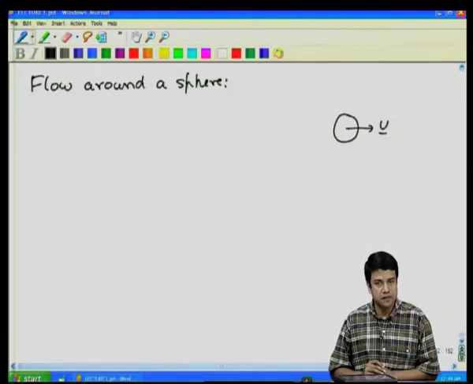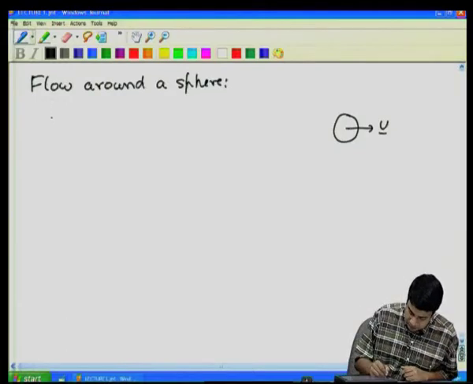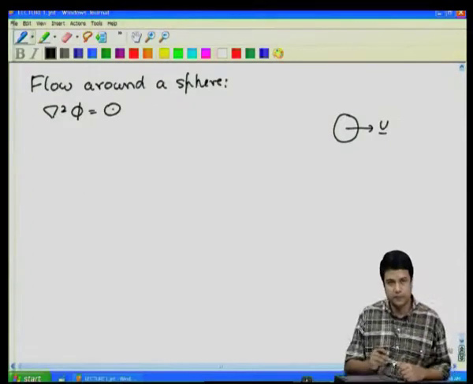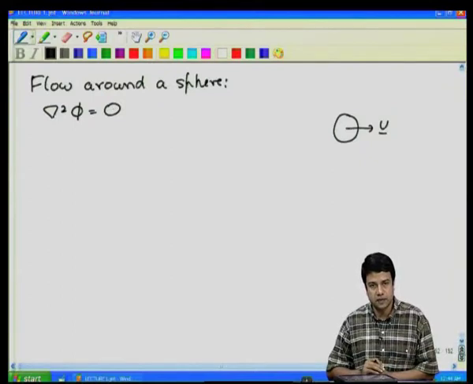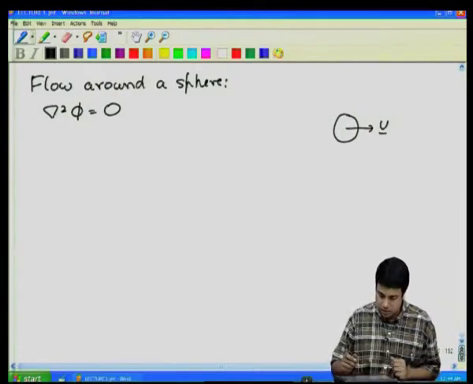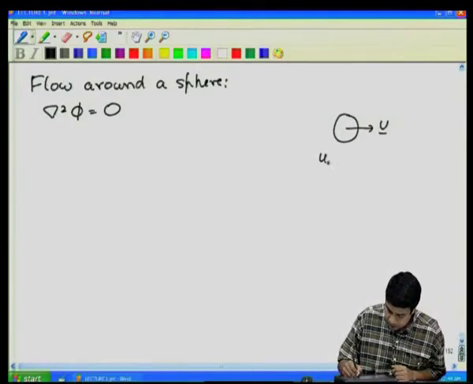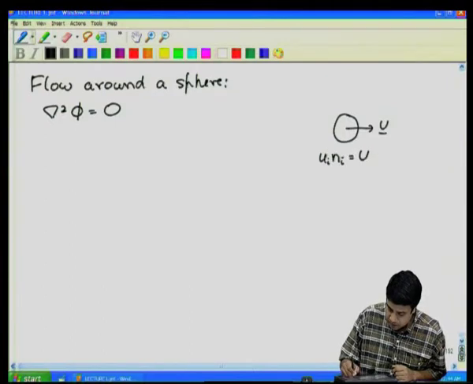So, I have to solve for the velocity potential: del square phi is equal to 0, the Laplacian of the velocity potential is equal to 0, with the normal velocity boundary conditions, that is ui ni is equal to capital Ui ni.